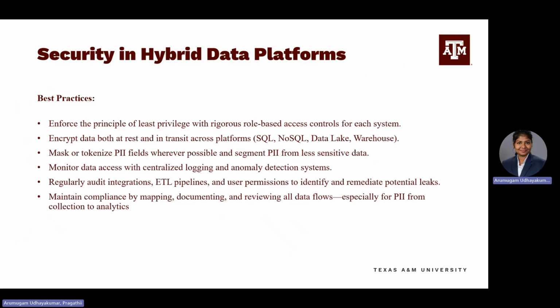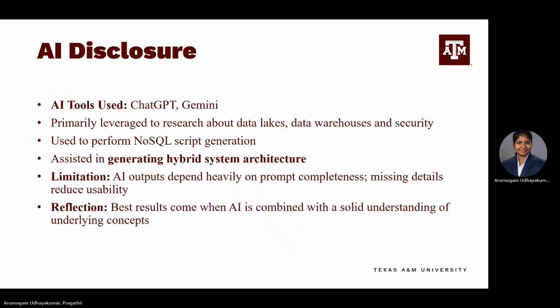This will protect PII fields wherever possible and segment the PII from less sensitive data. The fourth thing is to monitor data access with centralized logging and anomaly detection, and we can regularly perform audits of our ETL pipelines. We can also maintain compliance by mapping, documenting and reviewing all data flows, especially for PII, from collection to analytics.